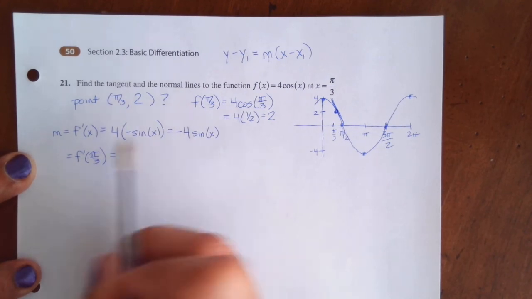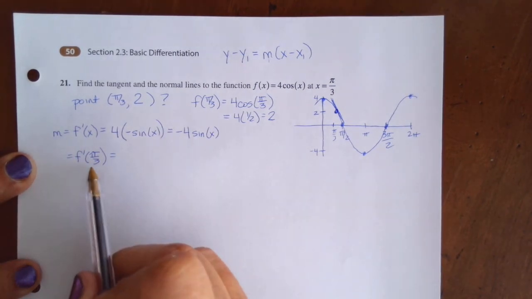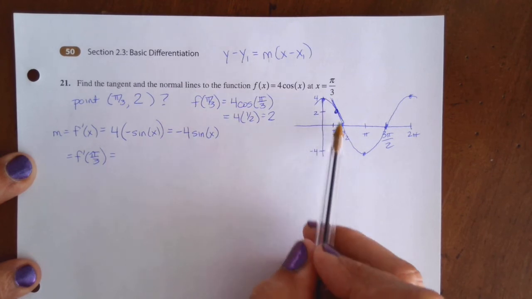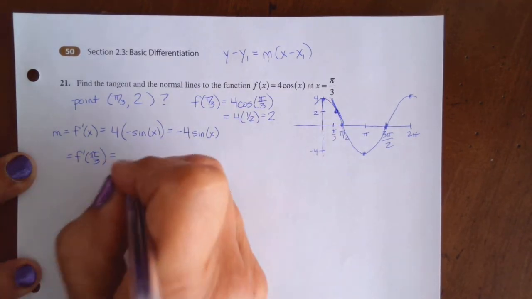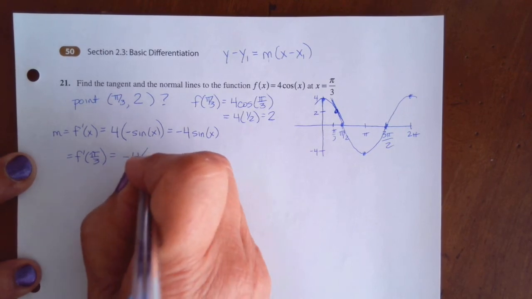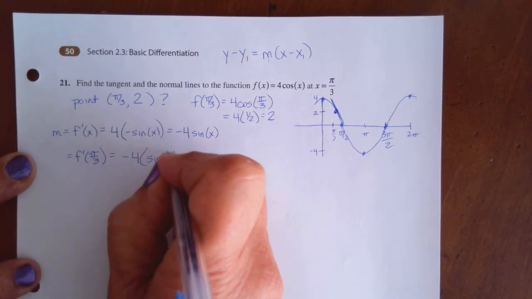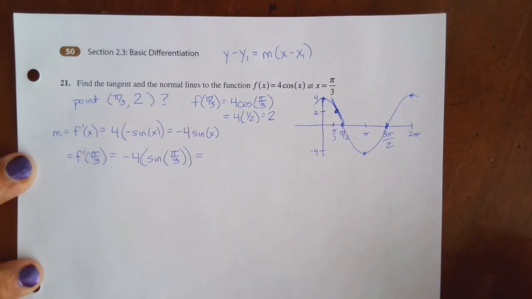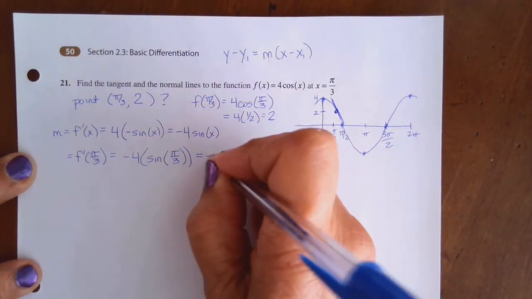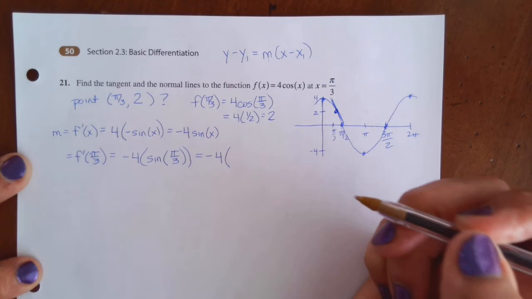So now to find the slope at pi over 3, I need the slope of this line. I'm going to plug pi over 3 into here. So negative 4 times the sine of pi over 3. Again, you guys need to know your unit circle. So what is the sine of pi over 3?